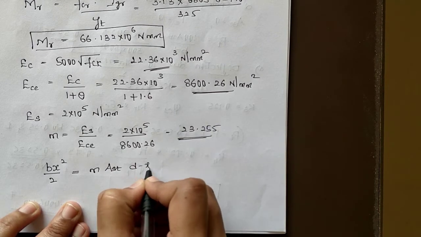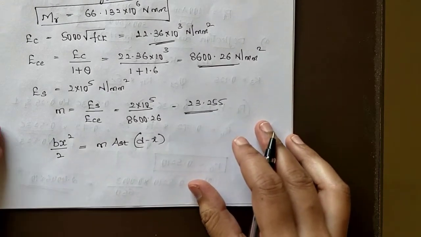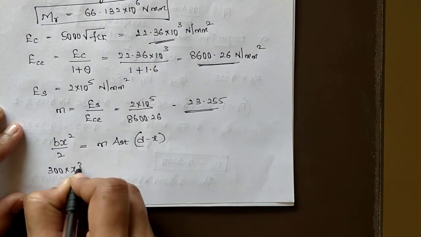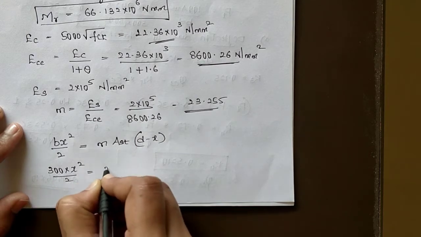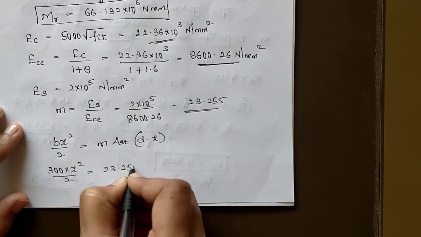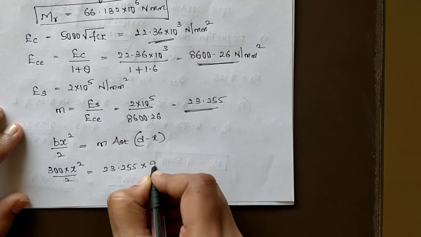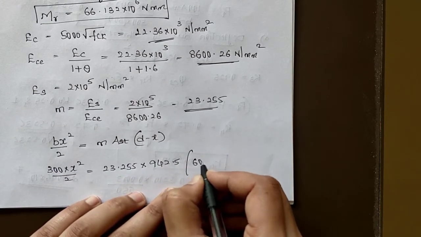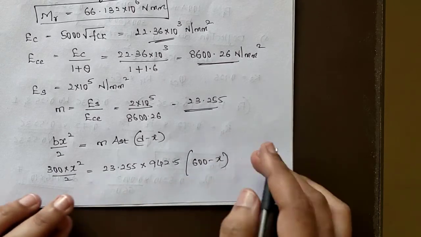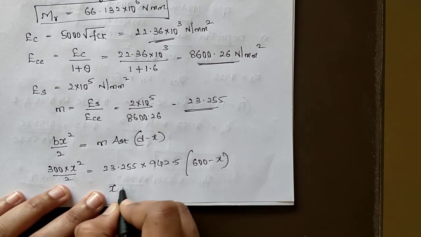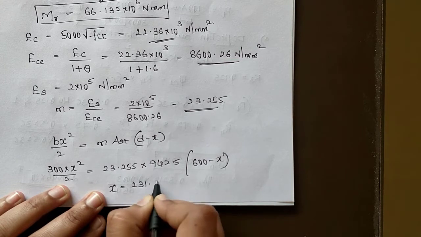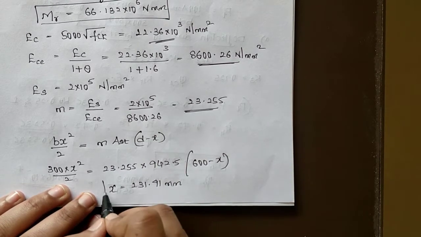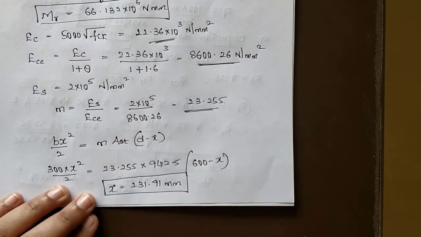Substitute all the values: 300 into x square divided by 2 equals m value 23.255 into Ast value 942.5 into d value 600 minus x. Upon simplification you will get the x value as 231.91 mm. That is what your x value.